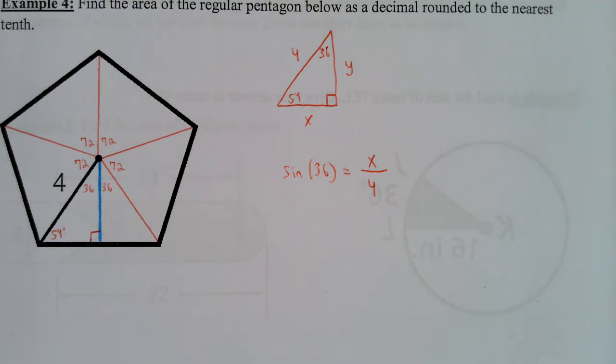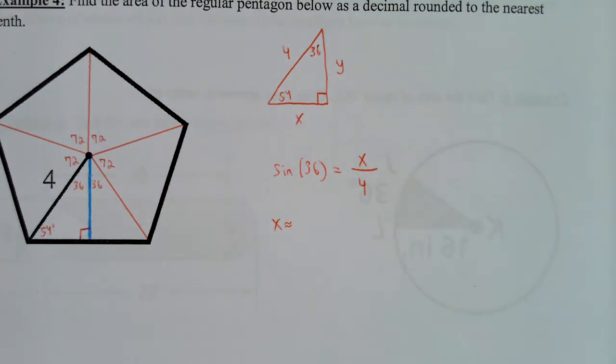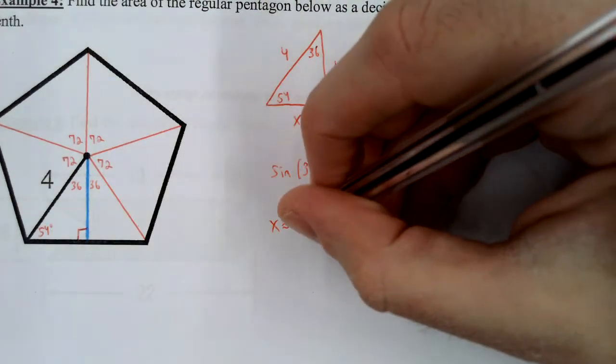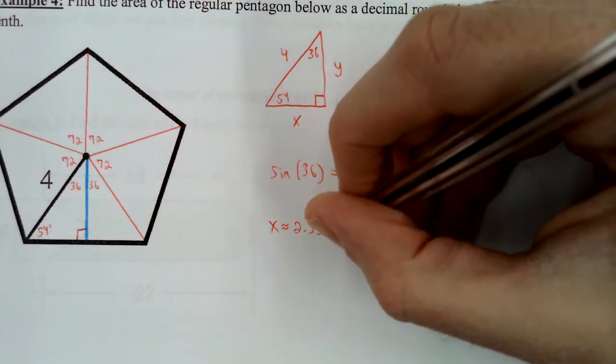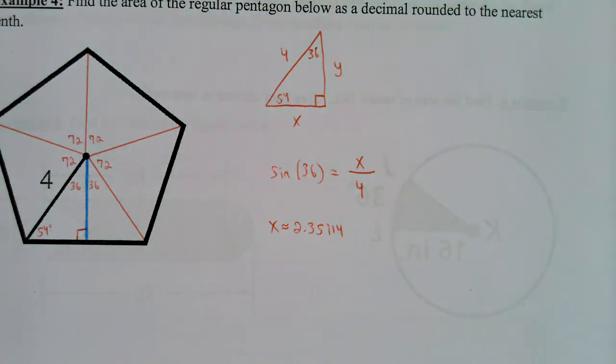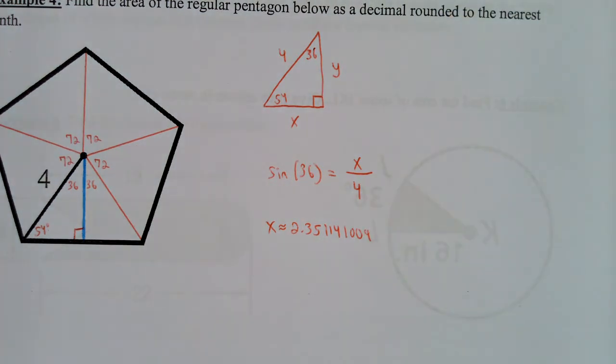Now, what I'm going to say is write out as many decimals as possible. Write out all of them for now. We'll round at the end, okay? 2.351141009. Let's round at the very end.